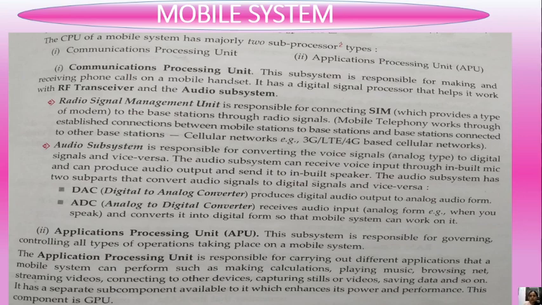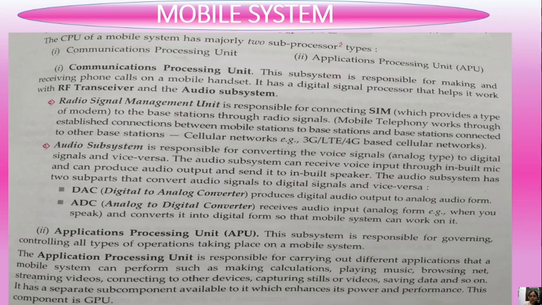So just like computer systems processor or CPU, here also in mobile system organization, we have the mobile CPU. So here two parts, communication processing unit and application processing unit, APU, as we have seen in the last slide in the image of mobile system organization, this CPU and APU.